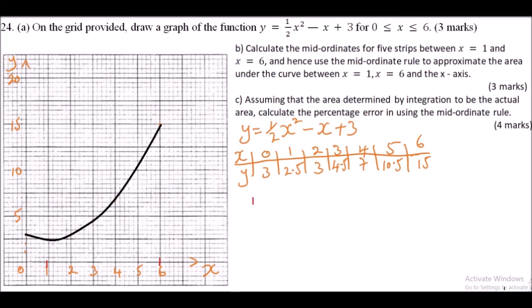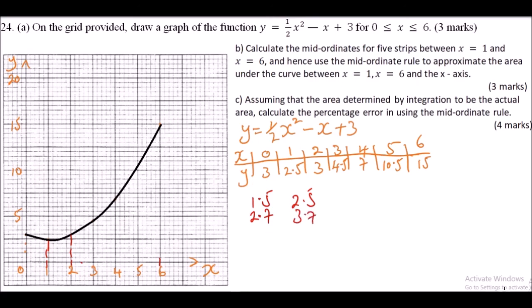The mid-ordinate, from 1 to 6, and from the graph you'll be able to get, at 1.5 the midpoint, the mid-ordinate is 2.7, and that is the first strip. The second one is at 2.5. The mid-ordinate will be 3.7.